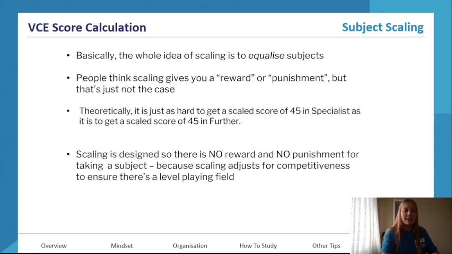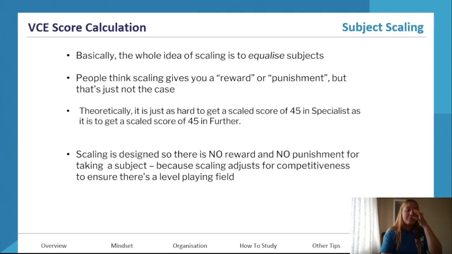So scaling is designed so that there is no reward and no punishment for taking a subject. I was really sad to see a lot of students still not understanding this and taking subjects because they get scaled up, like students doing specialists or methods because they get scaled up.